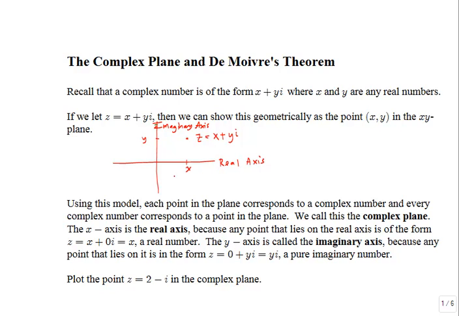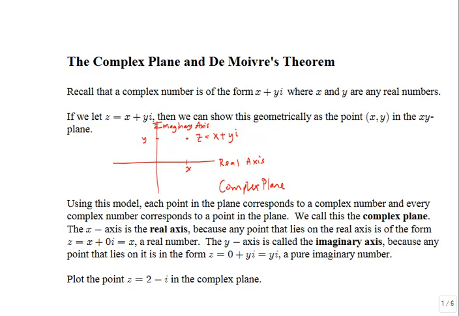And this whole situation here is called the complex plane. So using this model, each point in the plane corresponds to a complex number, and every complex number corresponds to a point in the plane. We call it the complex plane.